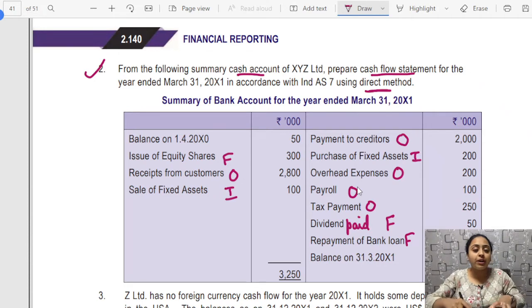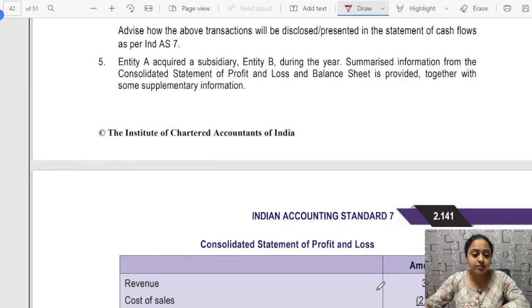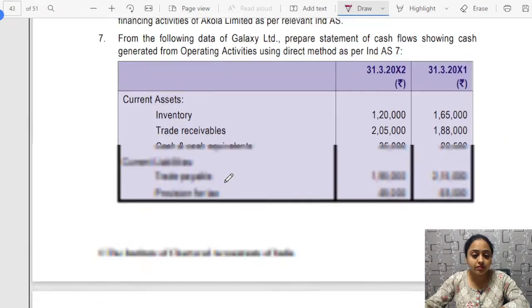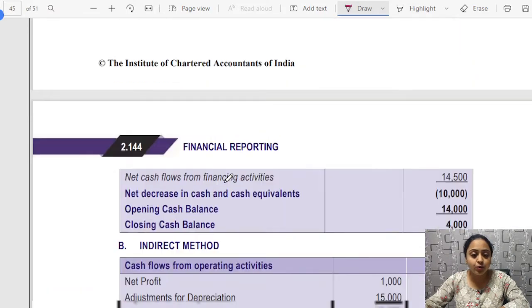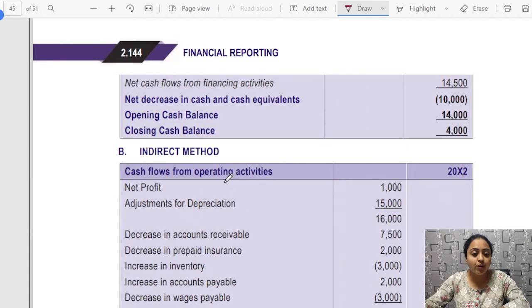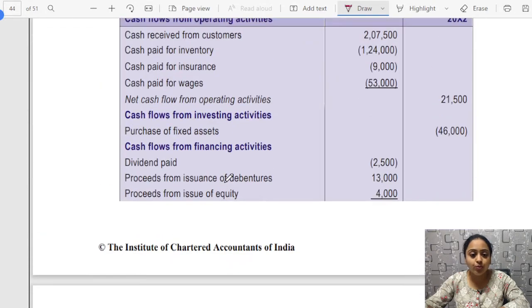So club all operating, financing and investing individually, and then finally match it with the closing cash balance. See, we can see the answer once. Question number 2, page number 2.144.